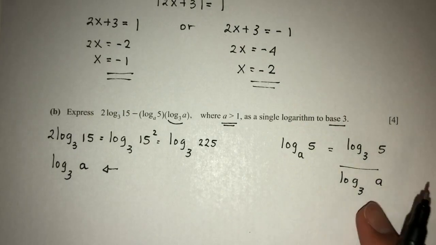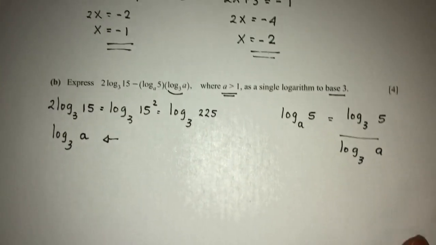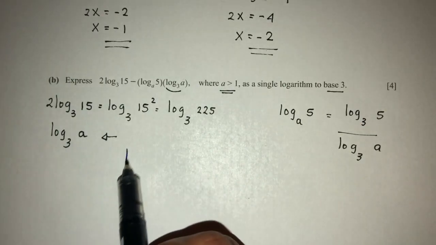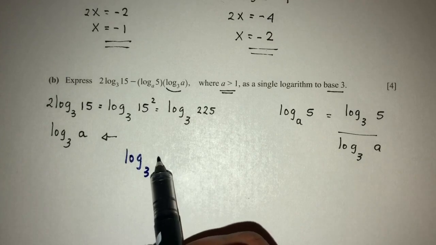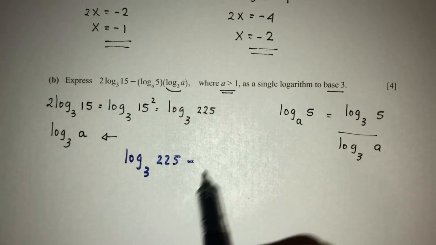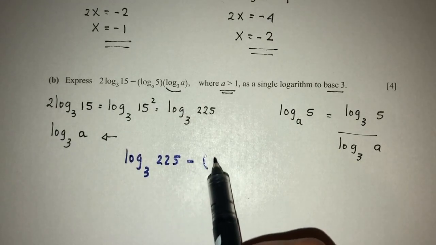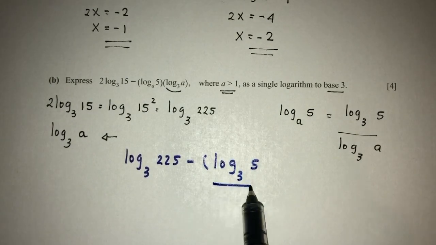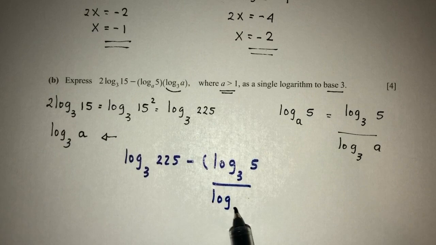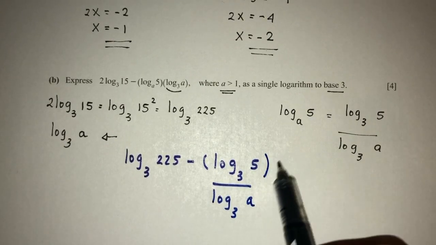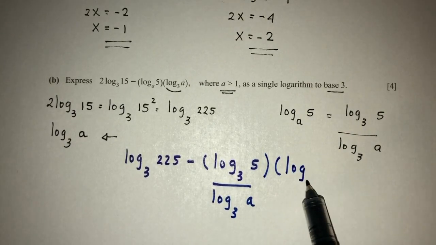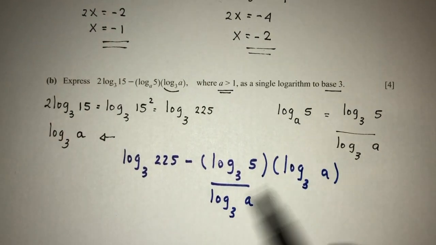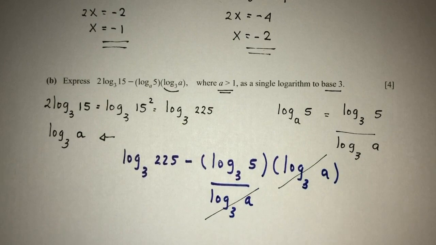Now we have to replace this back in the main equation. So on one side, you will have log 225 minus log base 3 of 5, over log base 3 of a, multiplied by log base 3 of a. If you observe, these two are the same, so they will cancel out.